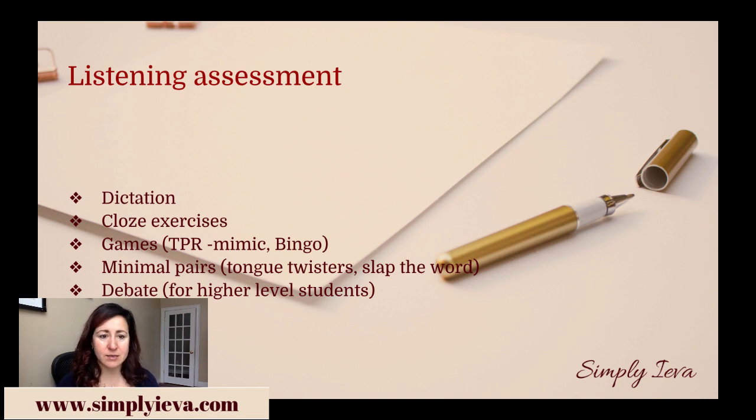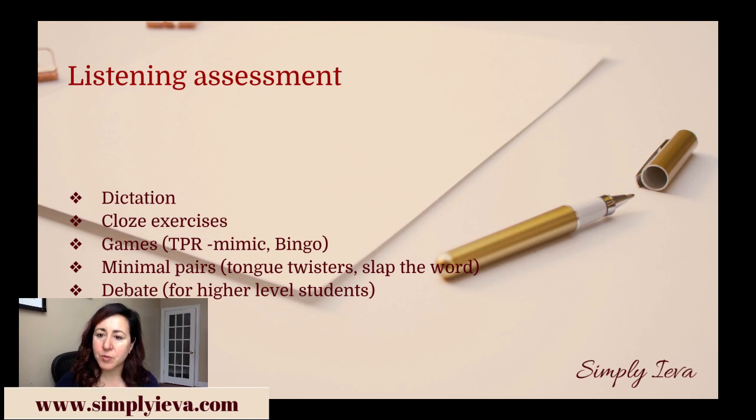Games are great types of assessment. Total physical response, when the students have to mimic what you're saying or what you're doing, or perform a task that you tell them to do, and you can see if they heard you right. Bingo is great for any type of assessment, for listening, reading, almost speaking, and so on.